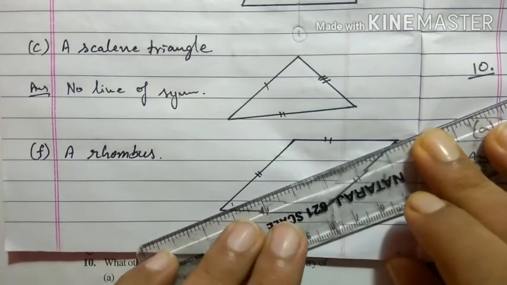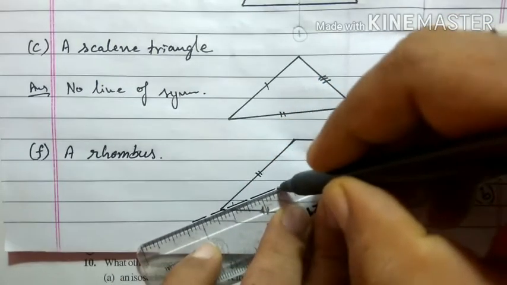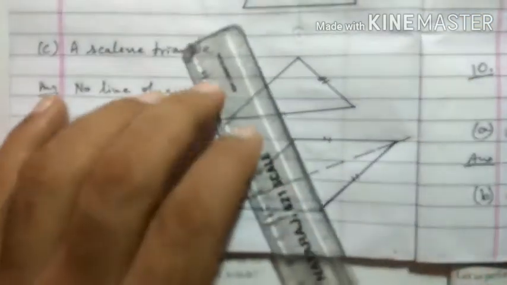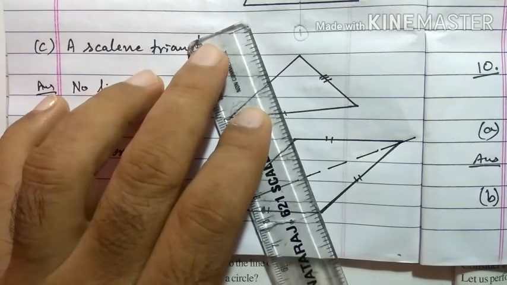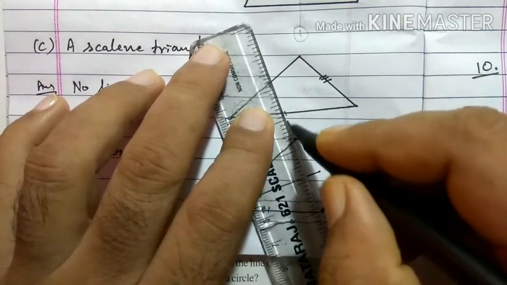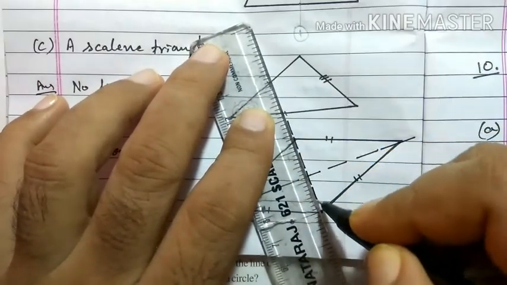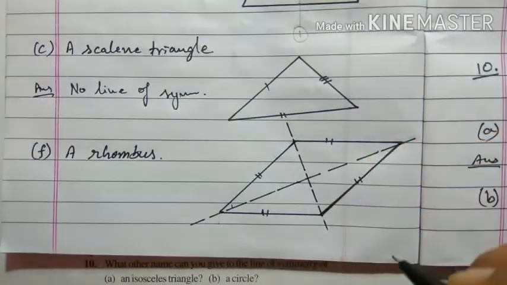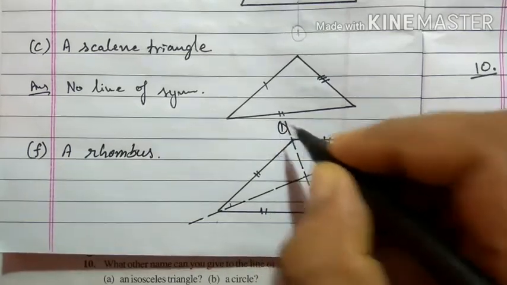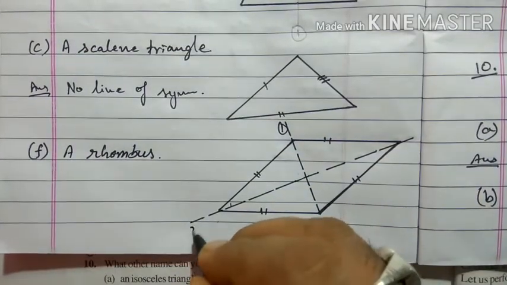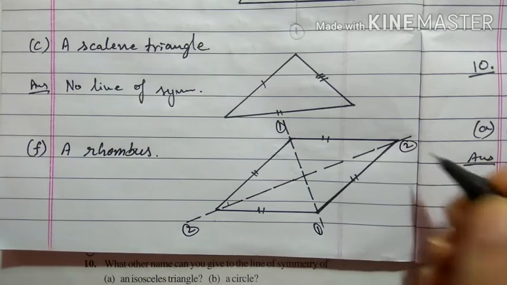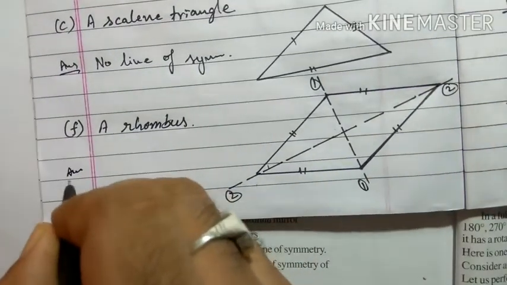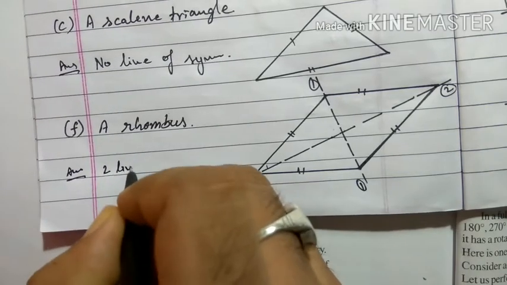So the first diagonal and this one, the second diagonal. So there are two lines of symmetry, one and this is second. So in the answer we have to write two lines of symmetry.